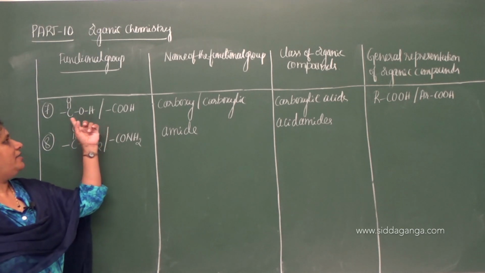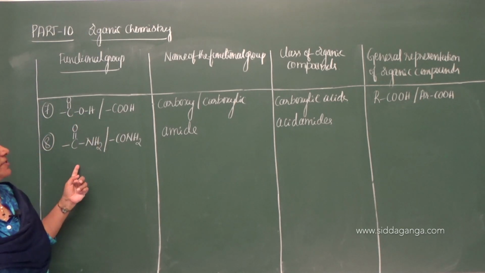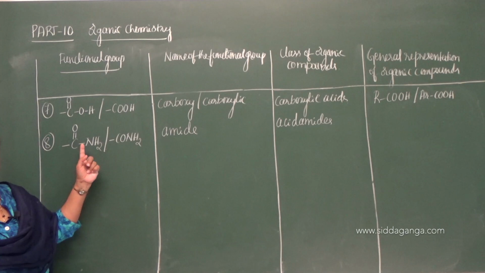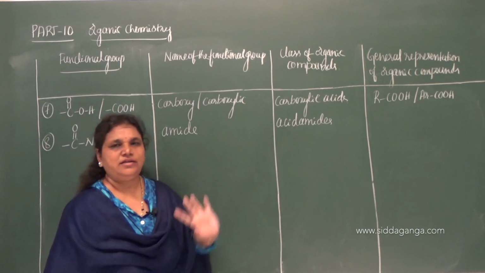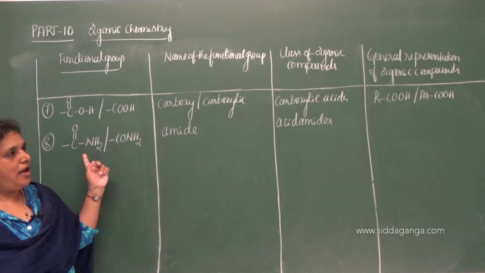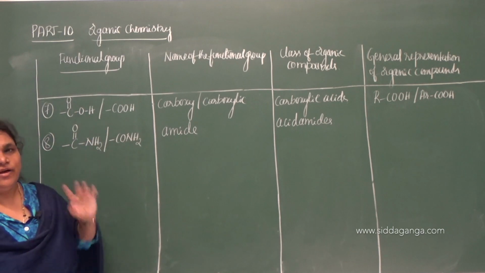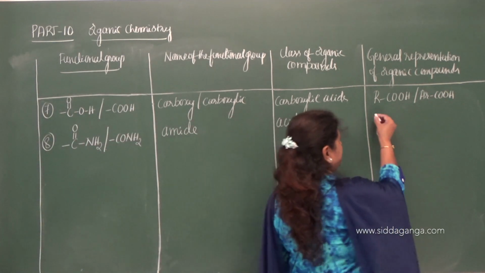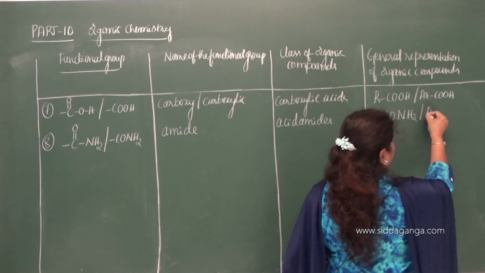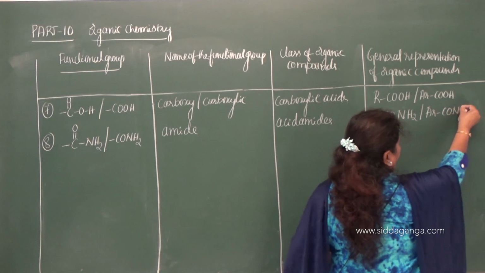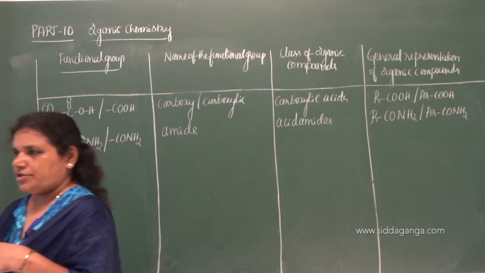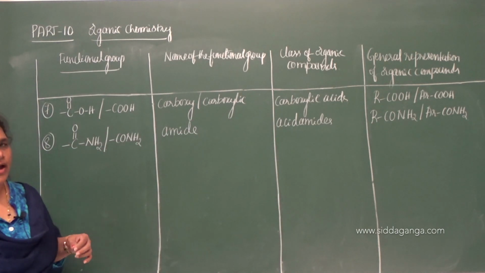Look here, these are acids: if a COOH group is present, they are called carboxylic acids. Here OH is replaced by NH2, hence it is called acid amides, because it is a derivative of carboxylic acids. The general representation of acid amides is RCONH2 or ArCONH2.